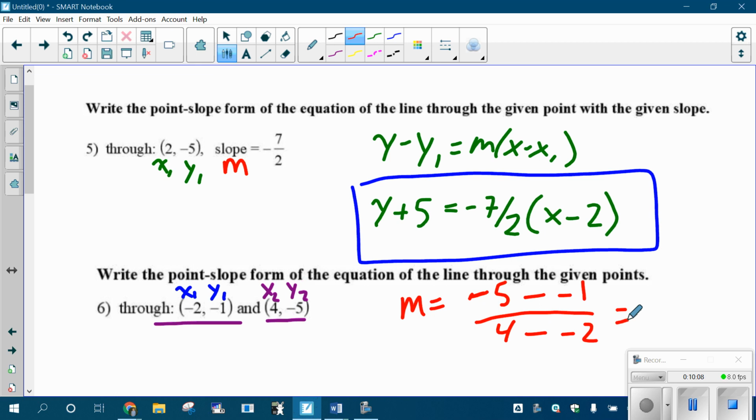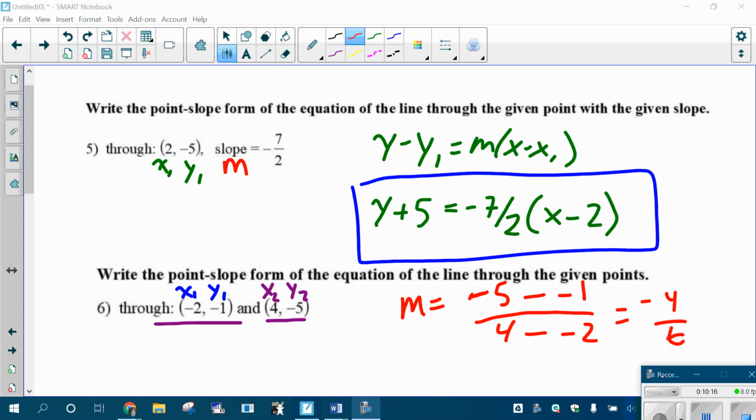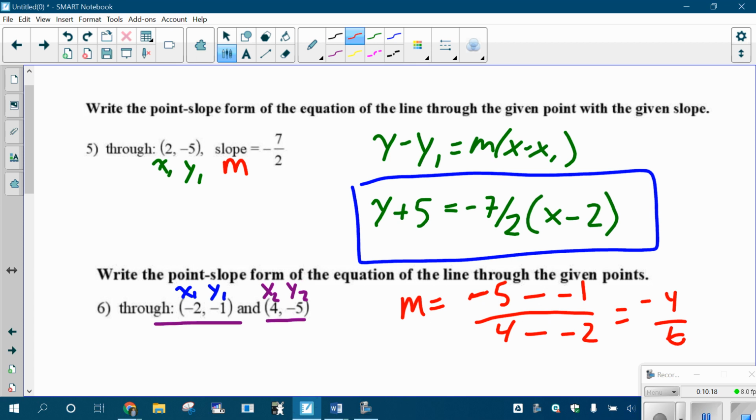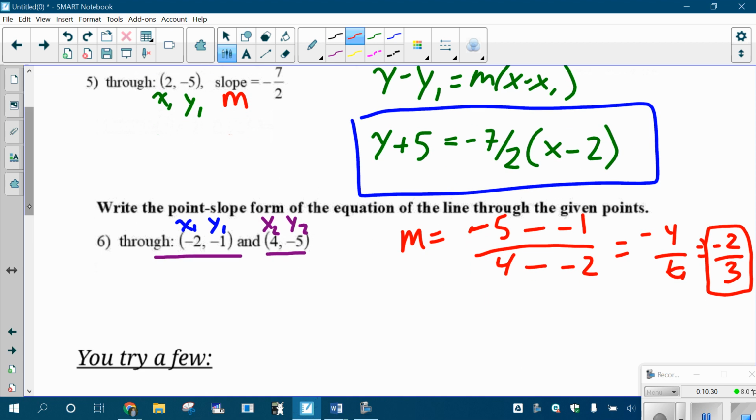Negative 5 plus 1 is negative 4. 4 minus negative 2 is 4 plus 2, that's 6. So my slope is negative 4 over 6, which is the same as negative 2/3. Okay. So now I have my m, I've got a point, and I can write my line in point-slope form.